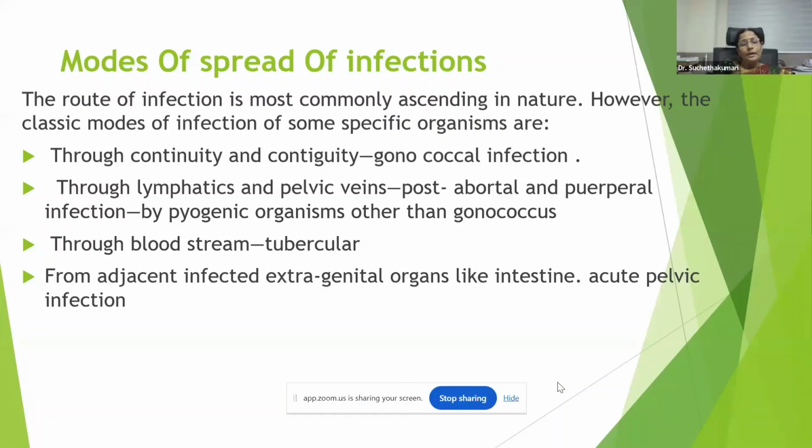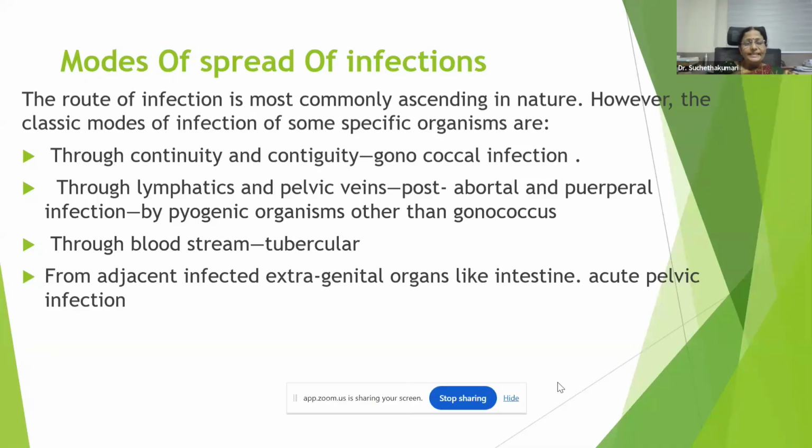Next is through the bloodstream, in tuberculosis. Usually the lady may have pulmonary tuberculosis, and the microorganism enters the bloodstream, may gain access into the reproductive tract, and may give rise to genital tuberculosis.